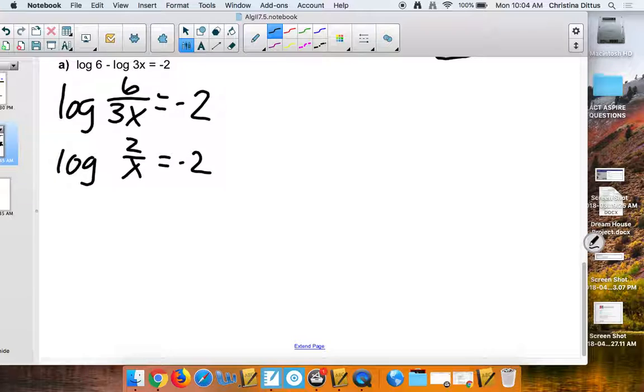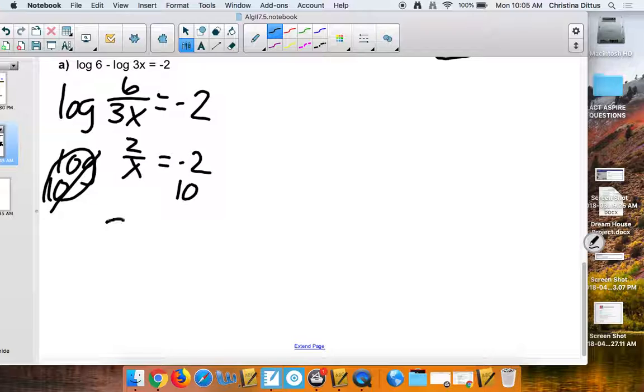Now I have a log all by itself, just one on one side. How do I get rid of my log? Take 10 to the power of it, so 10 here, 10 here. What happens here?